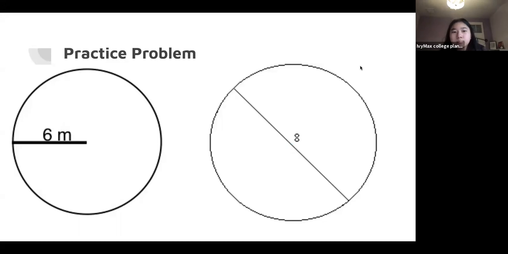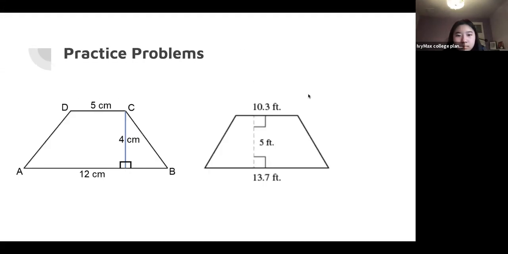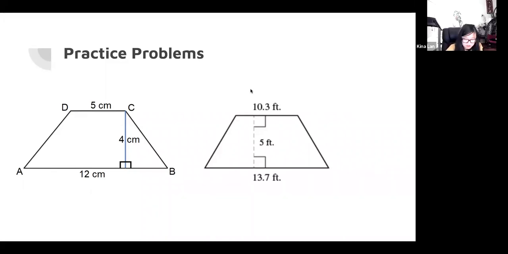Cool. Let's do one together with Kina. Which one am I doing? Just the first one.